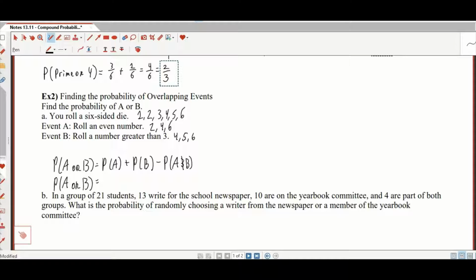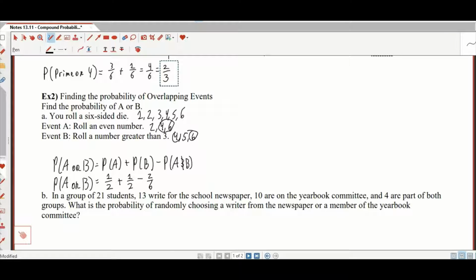The probability of A is 2, 4, and 6. That's 3 out of 6. That's 1/2. Plus the probability of B is 4, 5, or 6. That's 3 ways out of 6. That's 1/2. But we have to take away the intersection, which is a 4 and a 6, which is 2 ways out of the 6, which reduces to 1/3.